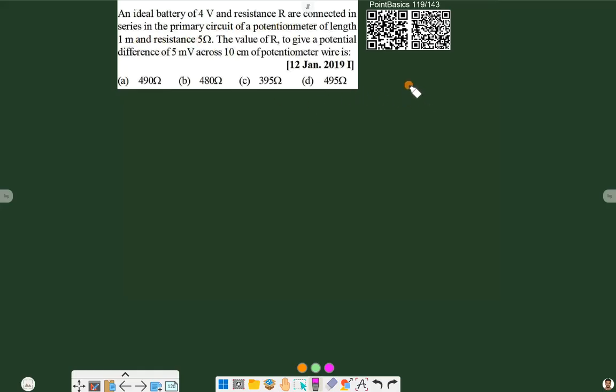So the total resistance of the circuit will be resistance R plus the resistance of the wire, that is 5 ohm, and the current in the circuit will be the battery potential, that is 4, divided by the total resistance, R plus 5. So this will be the current flowing through the wire.